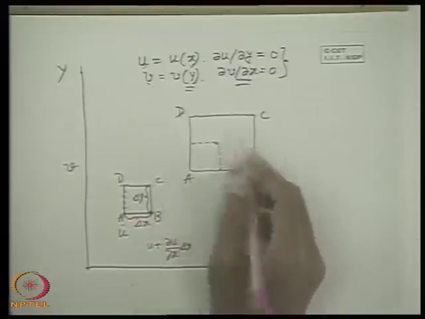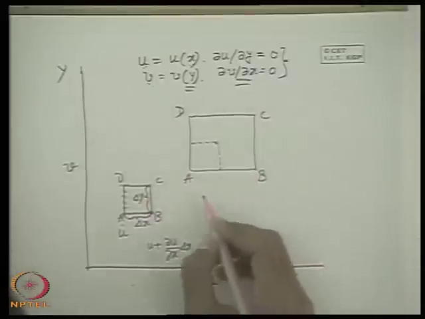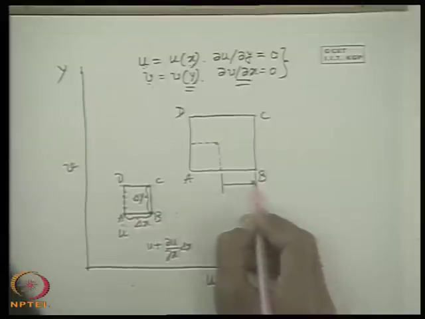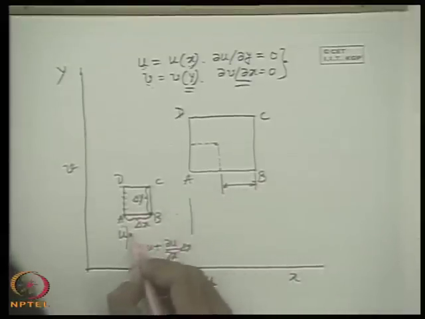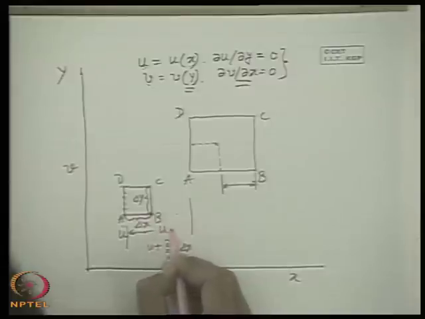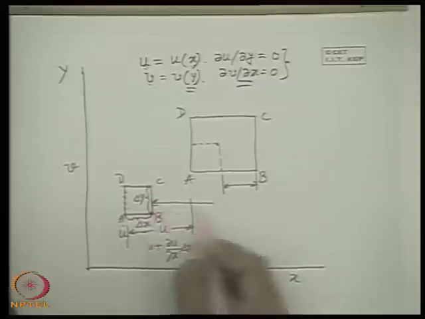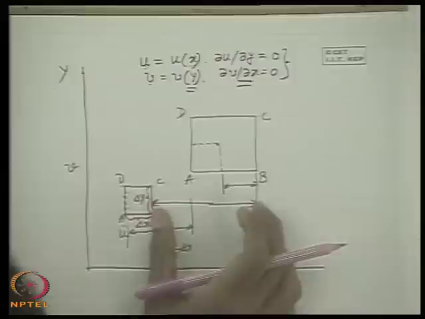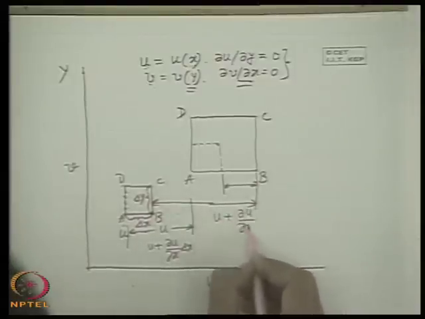Obviously, if we take this picture, that means this displacement per unit time, this position after a unit time, we can tell what this elongation is. It is very simple, because if A moves by an amount u per unit time, B will move by a distance u plus del u del x delta x.